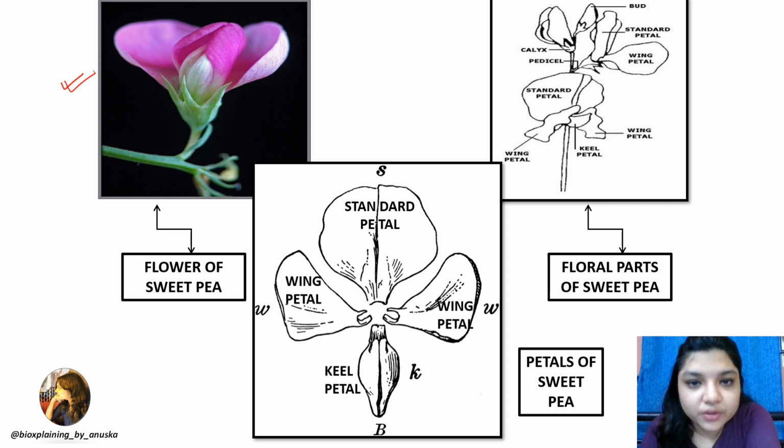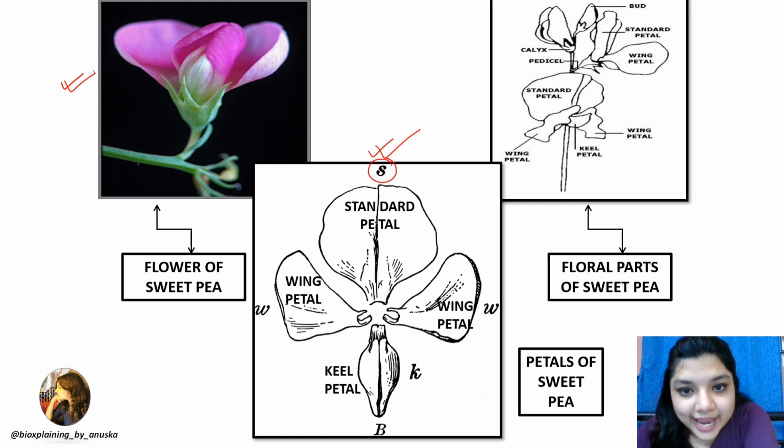This shows you the overall image of a pea flower, specifically of a sweet pea flower. Now, carefully note this image in the middle. What do you see? You see that there are 4 petals present. There are 3 types of petals, total 4 petals. What are they?